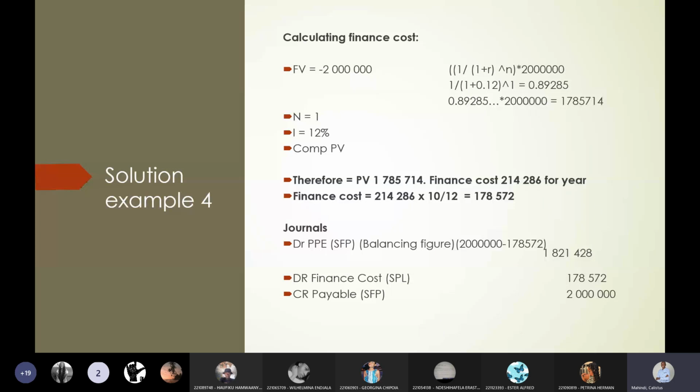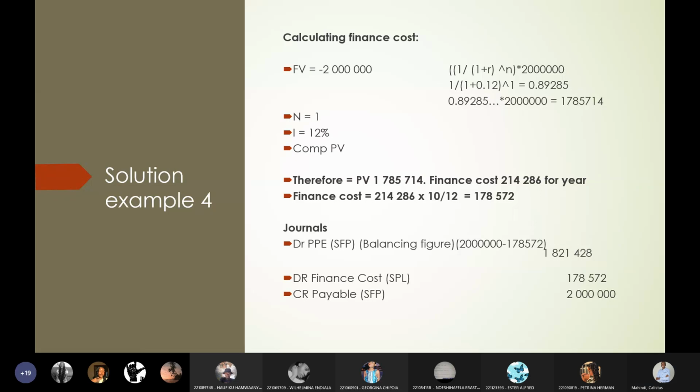So the total interest of 214,286 only has to be calculated for 10 months. That is why we take the 214,286 times 10 out of the 12 months, and we get the finance costs that relate to the deferred payment. That amount is 178,572.